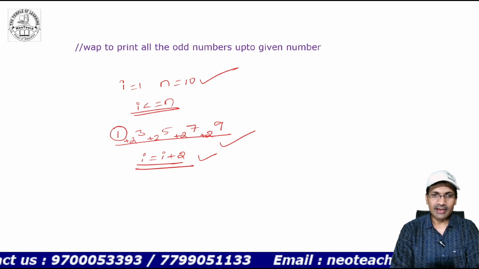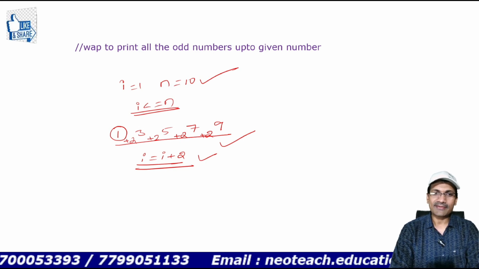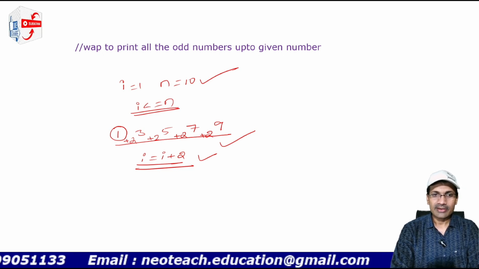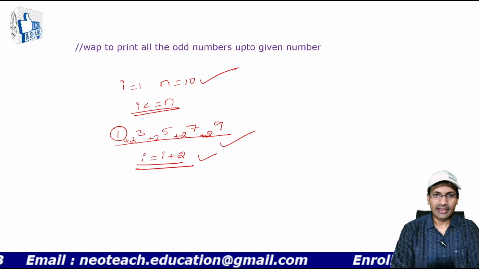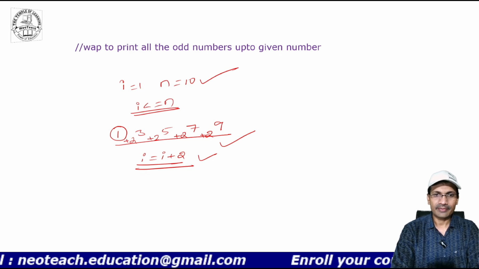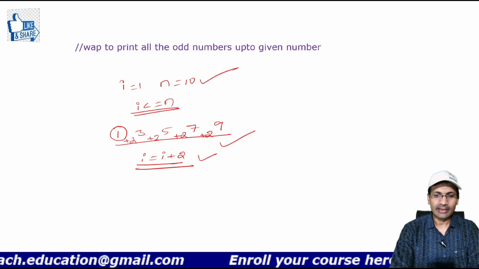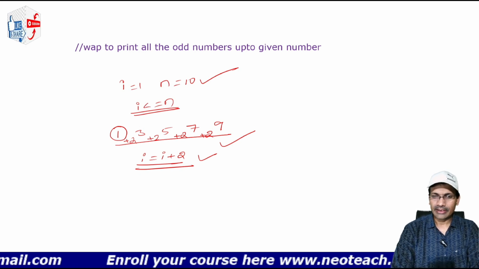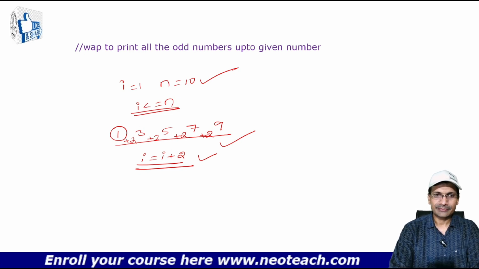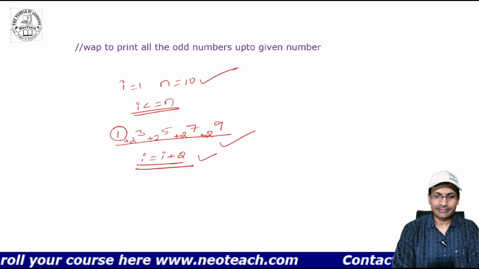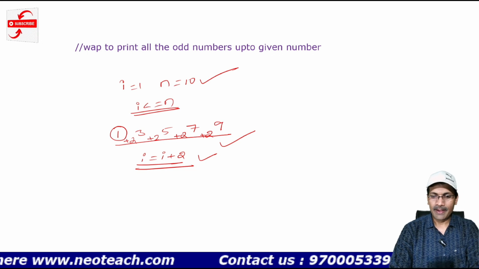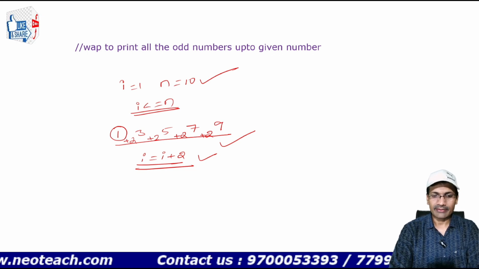I needs to start with 1 because odd numbers start from 1, and we are going to print all the odd numbers, right? So printf function here: enter any number. scanf function %d, we are reading that number into n, and what here? while.